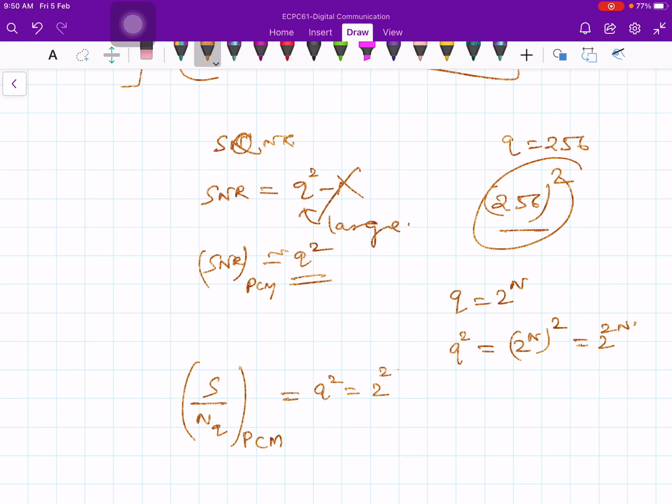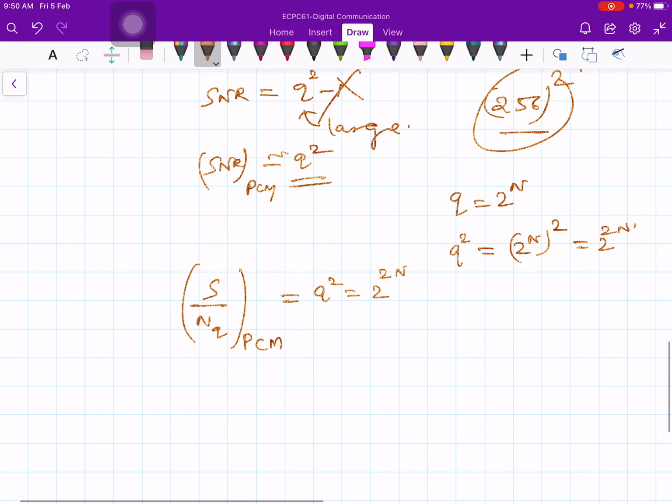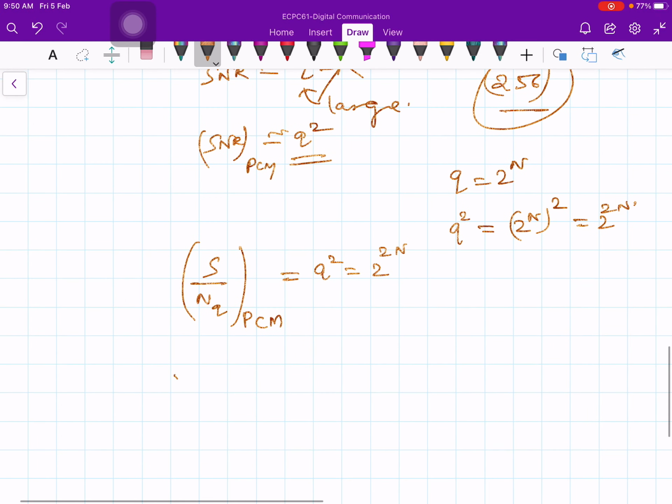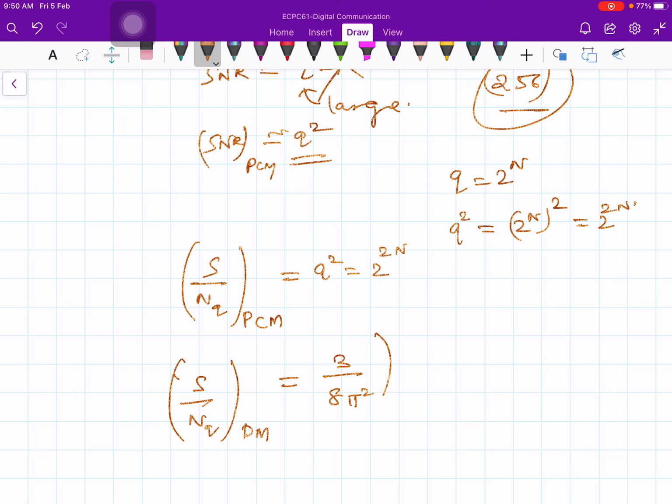Similarly, for the delta modulator, we calculated that in the previous lecture. The SNR of the delta modulator is equal to 3 by 8 pi squared times (Fs prime divided by W) whole cubed. This is the formula that we derived in the last class. Please go through the last class notes.